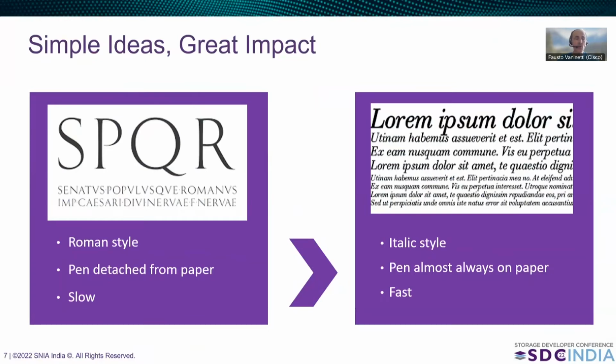And this slows you down. That's why during the Renaissance, an Italian humanist introduced a different style, and it was coming from a simple idea. The idea is, if I don't detach the pen from the paper, I will be able to write faster. This new approach has become the italic style, and it's normally used when you do your handwriting, but it's also used on computers. So that was a simple idea with a great impact.